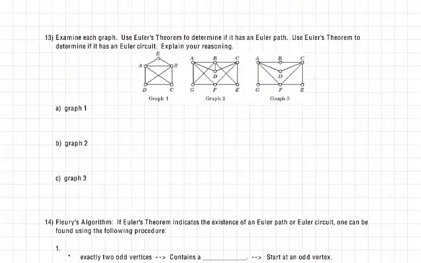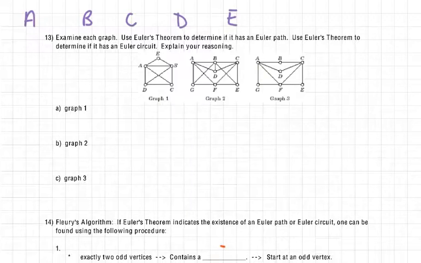So what that means is that we can stop using just trial and error, going through a graph to see if it has an Euler path or an Euler circuit. What we can do is look at each of the graphs and figure out how many odd and how many even vertices they have. So for graph 1, I'm going to write at the top A, B, C, D, and E, and then write down in red the degree of each one.